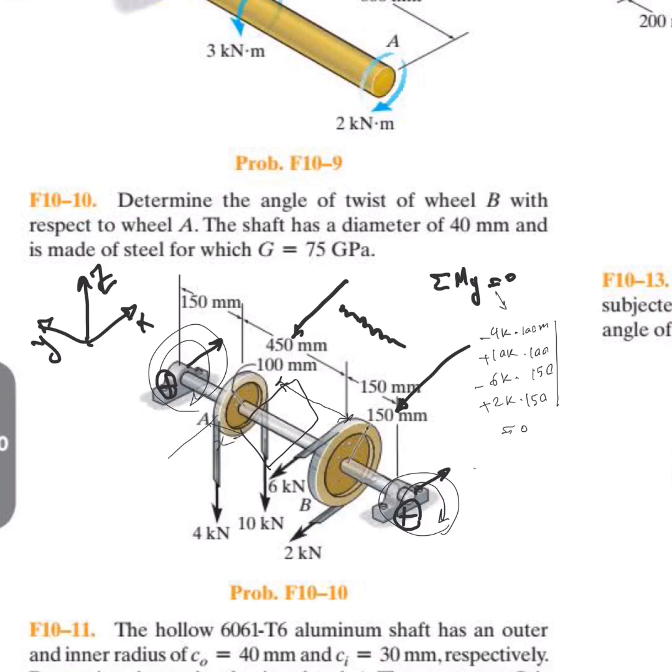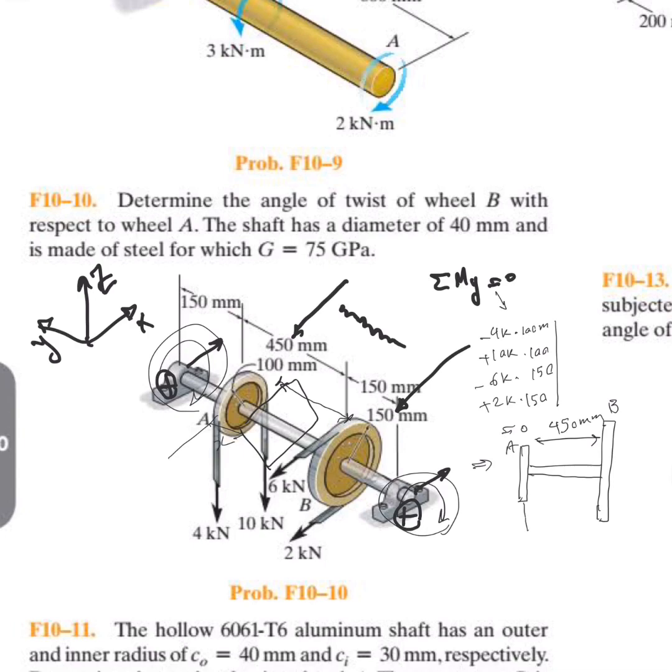So I just make a two-dimensional version of this object. This is A, and this is B, and this distance is 450 mm.